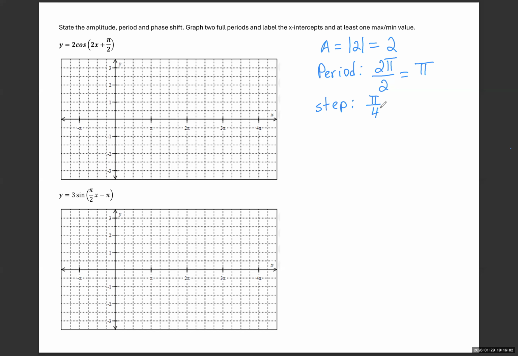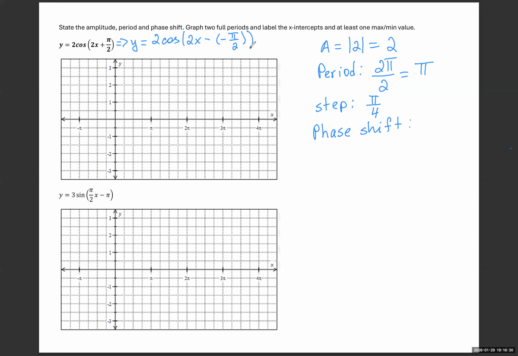Now let's go ahead and see what the phase shift is going to do here. So phase shift for this function, first of all, let me rewrite this a little bit to make it a little more clear where the numbers are coming from. 2 cosine 2x, and then that plus sign, I will separate it into a minus and then another minus pi over 2.